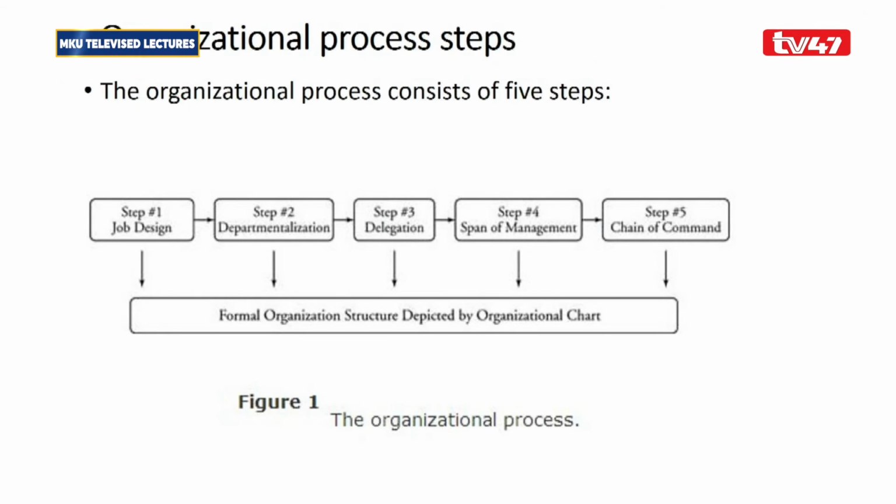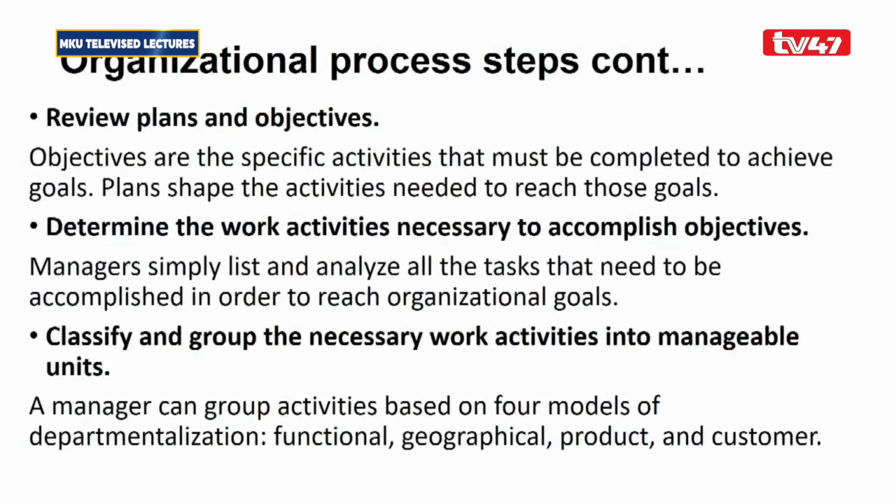Then you need to put the different attributes that you have identified in departments, do delegation, span of management, and then have a clear description of the chain of command, how commands are being issued in the organization. Now, we'll define the processes in the next slide here.